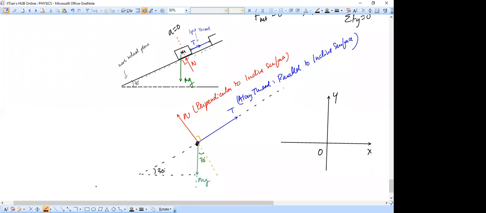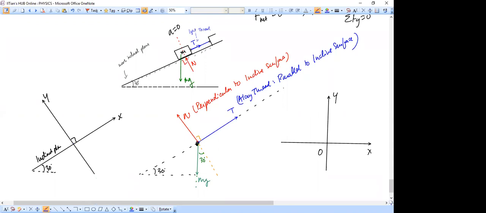But another option is we can take our x-axis along the inclined plane. And we can take our y-axis perpendicular to the inclined plane. We can do like this also. So this angle is 30 degrees. Okay. What is the advantage in doing this? Then only one force has to be resolved. mg has to be resolved. The other two forces don't have to be resolved.